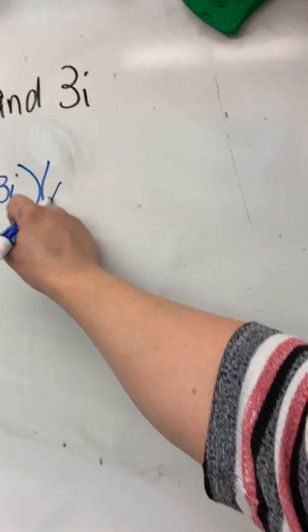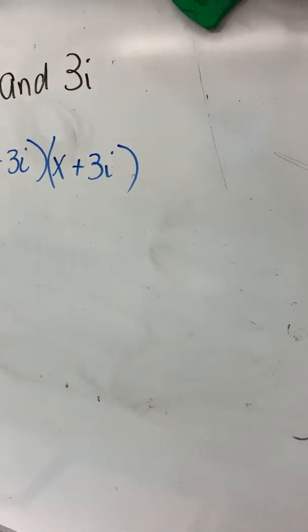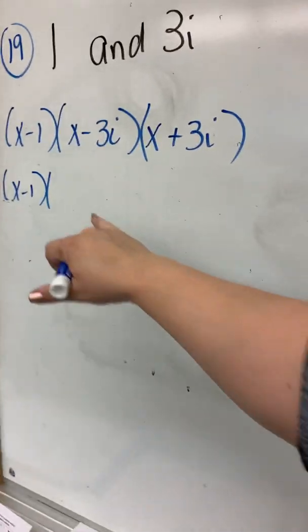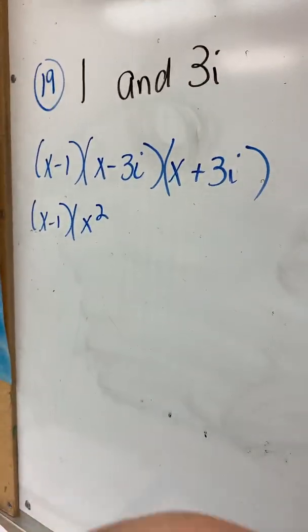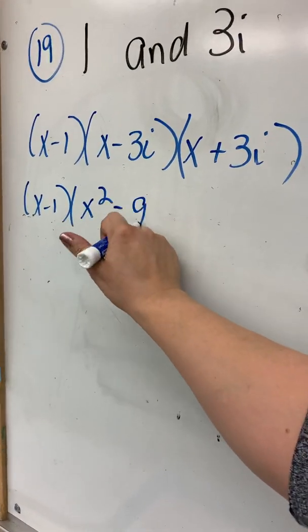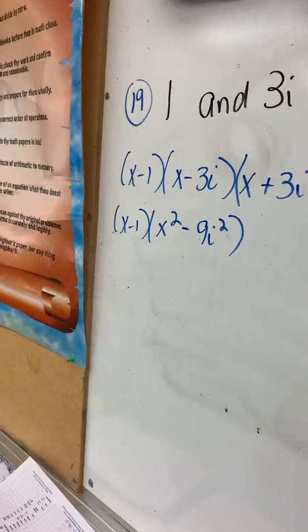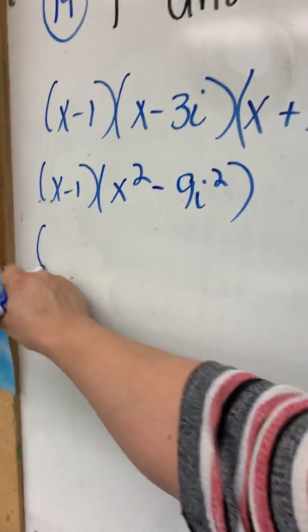So I'm going to need to have a what? x plus 3i. So I'm going to leave that x minus 1 alone for a minute. FOIL these. So you get x squared plus 3ix minus 3ix gone. Negative 3i times positive 3i is negative 9i squared. What does i squared equal? Negative 1. So that turns it to a positive 9.